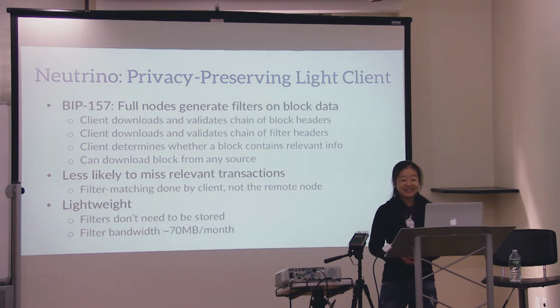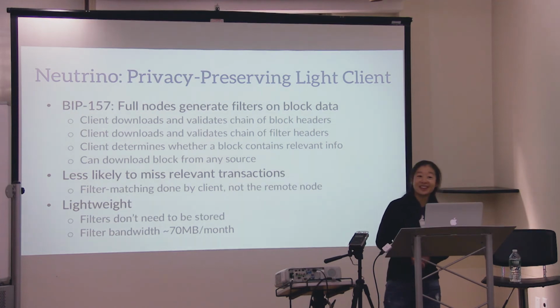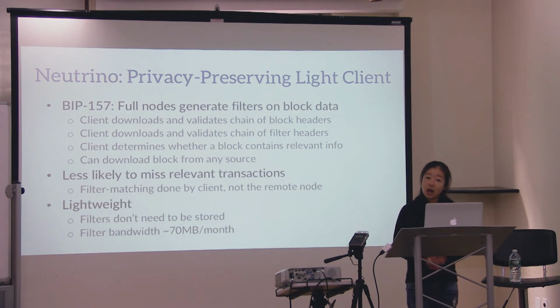I can't answer that question, but maybe someone else in the room can. How does the client know which blocks to download? How does the BIP 157 filter work?